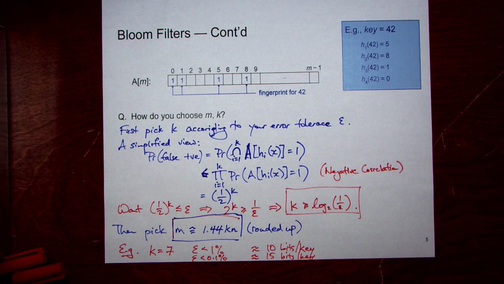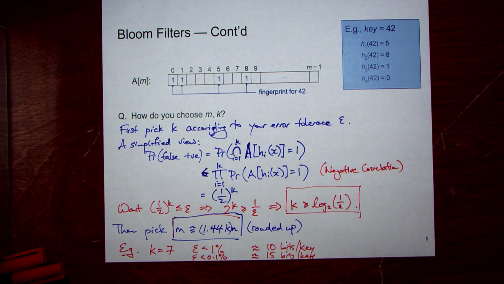Question? Yeah, so the bits per key is 1.44k, essentially. All the keys have to go in there, so it's going to scale by n, and the number of bits is going to scale linearly in n. So this is the number here, 1.44k.